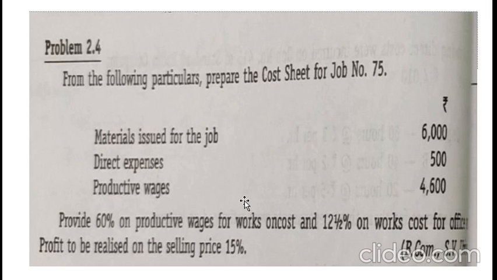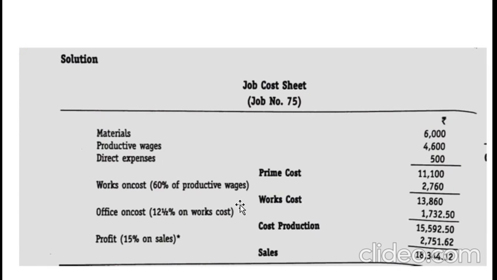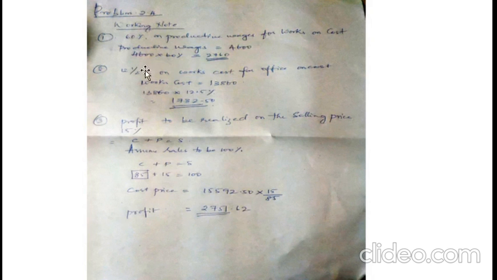So we have done the calculation here. This is your calculation. Working note: 60% on productive wages for works on cost.